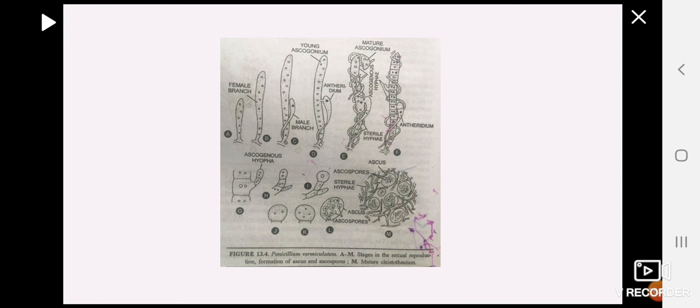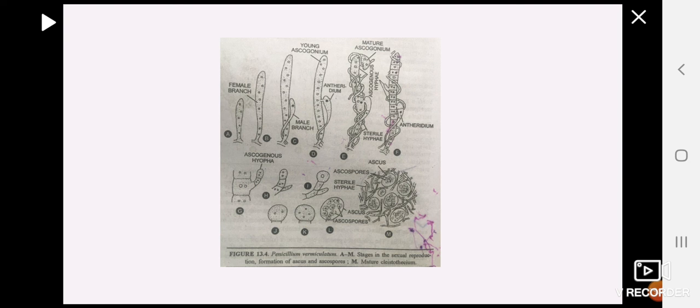The wall of the mature cleistothecium is tough, pseudoparenchymatous, and it is called the peridium. In this way, the ascocarp or cleistothecium is developed. Now the asci within the cleistothecium remain embedded in a fluid. This fluid is formed by degeneration of the inner layer of the peridium at maturity.